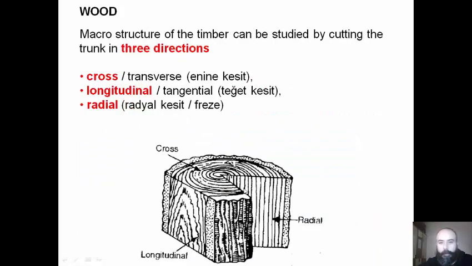The macrostructure of the timber can be studied by cutting the trunk in three directions. First we have the cross or transverse section, or we can have a longitudinal section here, or we can do it as a radial section.